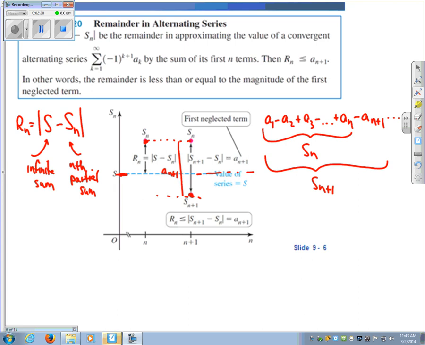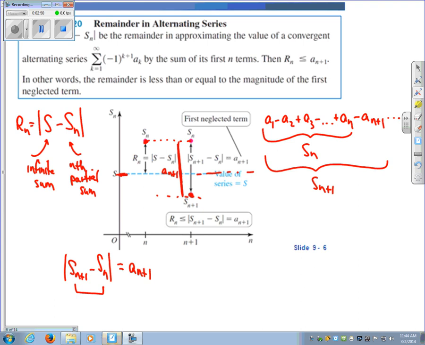So if I look at this n plus first term, which is this distance here, that term itself is actually larger than the difference between S sub n plus 1 and the sum. If I take the absolute value of that, well, that absolute value is just the absolute value of a sub n plus 1. Okay? This is just that n plus first term.